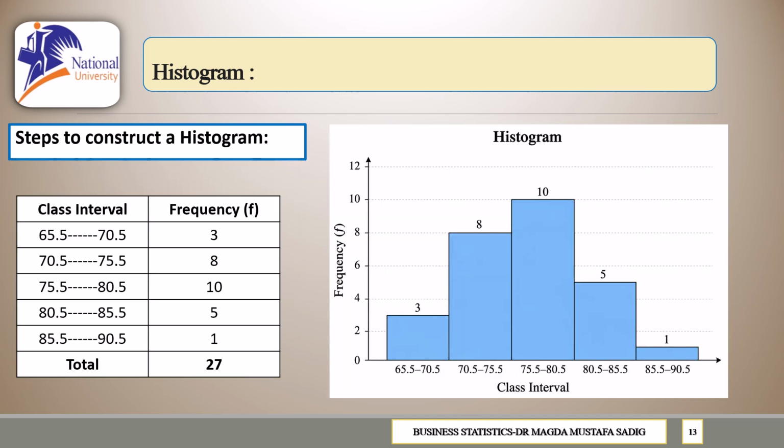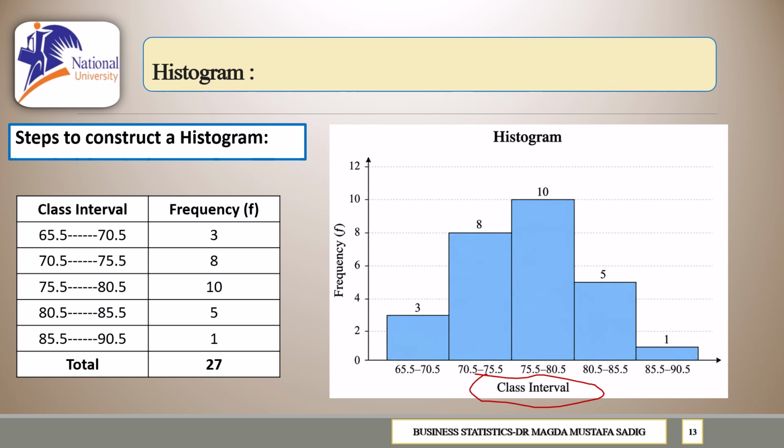How to construct the histogram? Let us use the frequency table shown here. Each class interval has a corresponding frequency. To construct the histogram, first draw the horizontal axis and label it with the class boundaries. This is the horizontal axis, the class intervals or class boundaries.